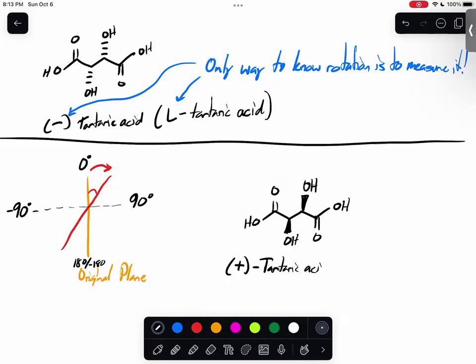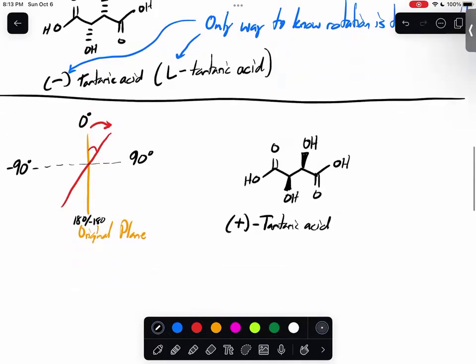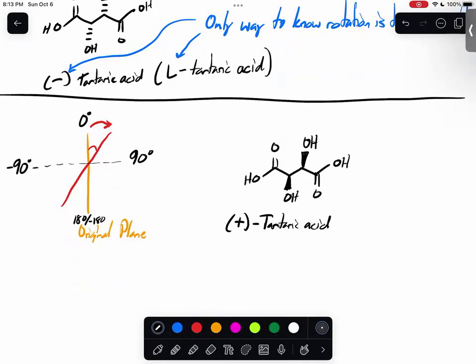And you might think, okay, this is also very easy. If the one up there was L, this one must be R, meaning towards the right. But sadly, whoever was around when they originally invented this made it a little difficult on us. It is actually D tartaric acid, because instead of rotating towards the right, the terminology for this is dextrorotary, which means that it rotates right.